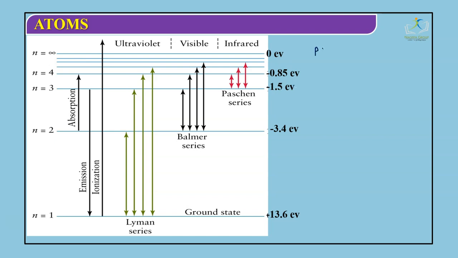For the Pfund series, n prime equals 5. If n is 6, the wavelength becomes 7460 nanometers. If n is 7, it comes to 4654 nanometers. If n is infinite, it comes to 2279 nanometers.